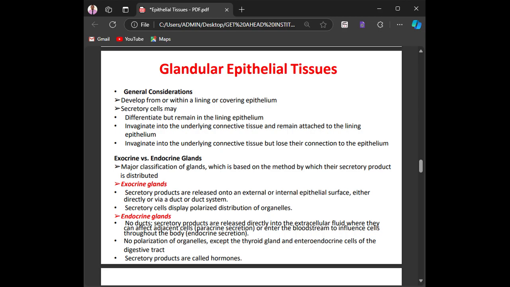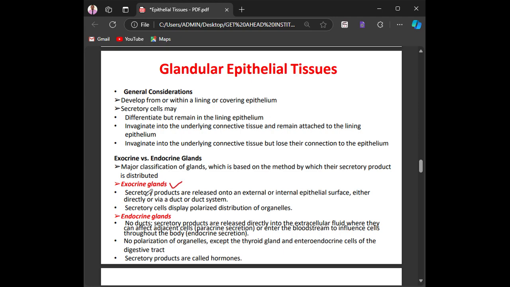The glandular epithelial tissues can be classified based on the method by which their secretory product is distributed. So we have what we call exocrine glands.